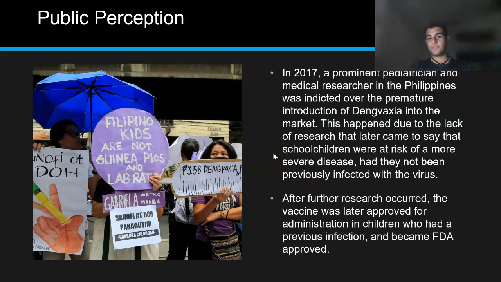The public perception of Dengvaxia: there has been some backlash. In 2017, there was a very big backlash, especially in the Philippines, when a pediatrician and a medical researcher was indicted for introducing the Dengvaxia vaccine in the market too early, without proper research and clinical background of study in the vaccine.